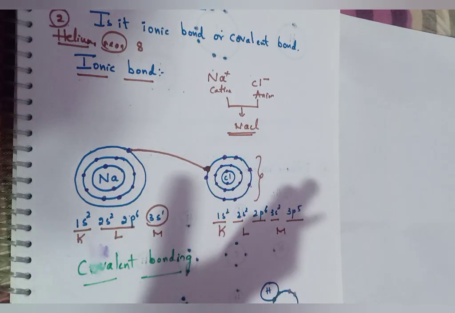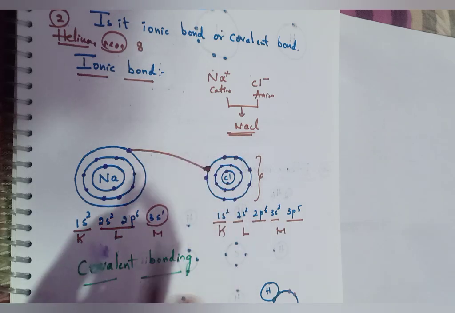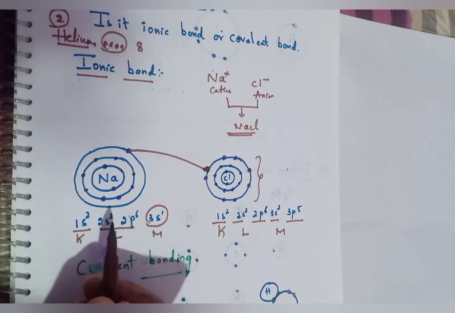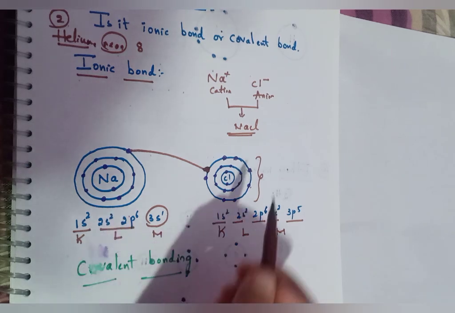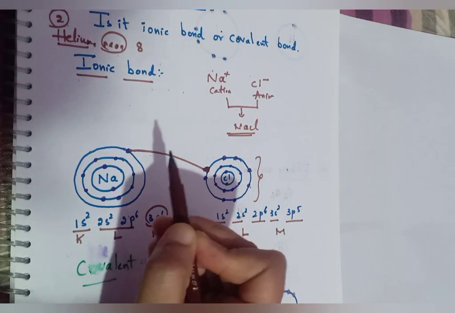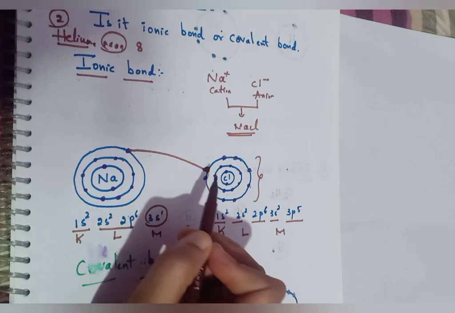Now, looking at this example, we can tell that ionic bond is a chemical bond formed when one atom gives one or more electrons to the other atom. Here this Cl is not giving anything to the sodium, but this Na is giving one electron to the Cl.